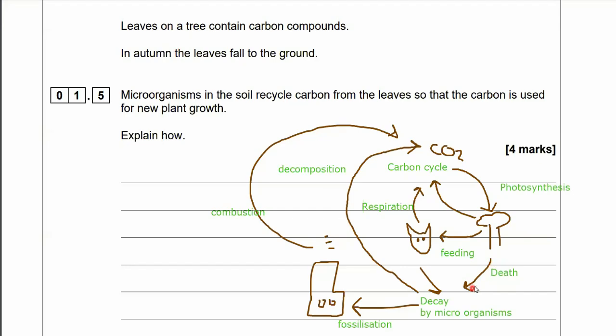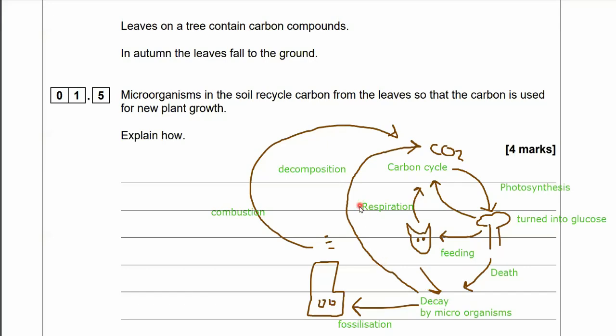So once you've learnt this carbon cycle off by heart, any question you get on it will be really easy. So all we have to do here is see that the question is asking us, we're starting from dead leaves. How does the carbon in dead leaves get back into plants to enable plant growth? So really, those dead leaves are broken down by bacteria, fungi, or microorganisms.